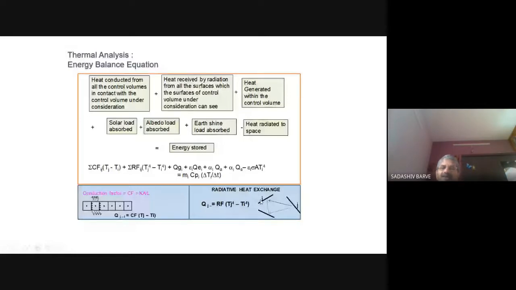Similarly, radiation: one surface here, one surface here, how they radiate with each other will decide the radiation. So here that one term I told you earlier, the emissivity of the given surface, is important for the radiation coupling or radiation estimation purpose.